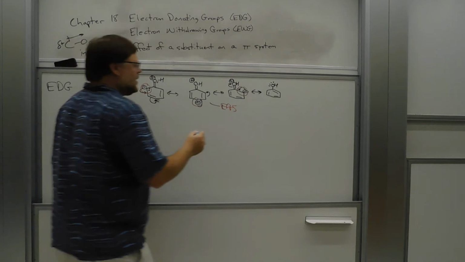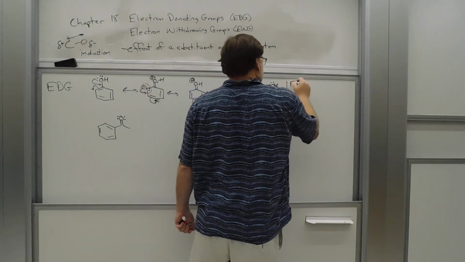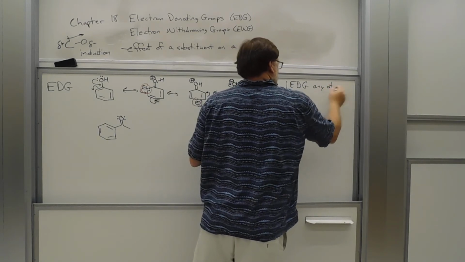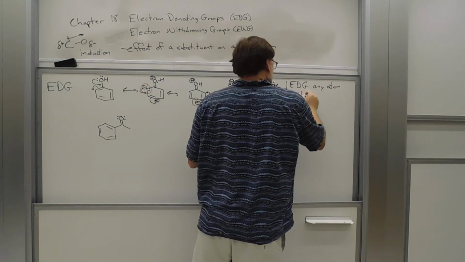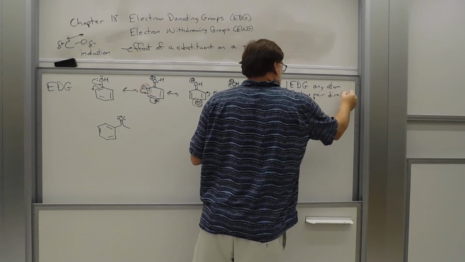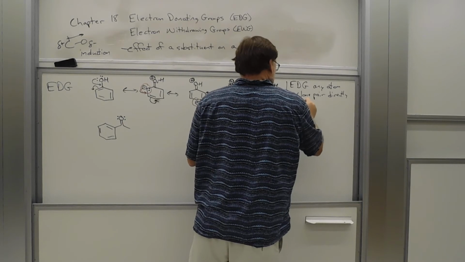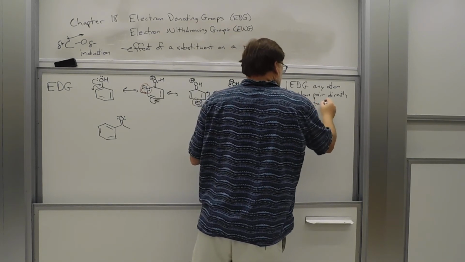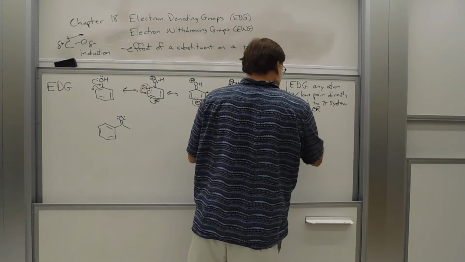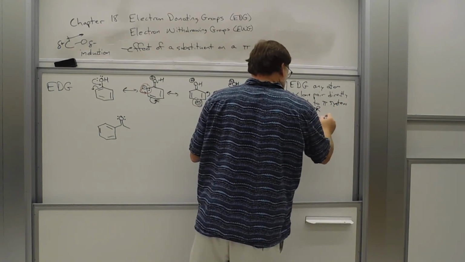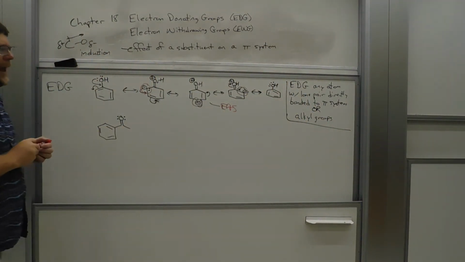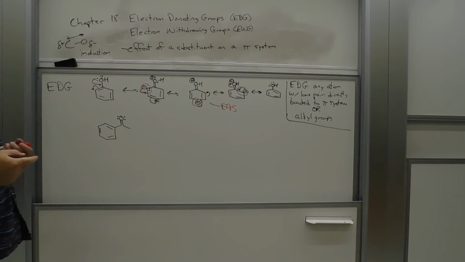And so an electron donating group is going to be any atom with a lone pair that's directly bonded to the pi system.